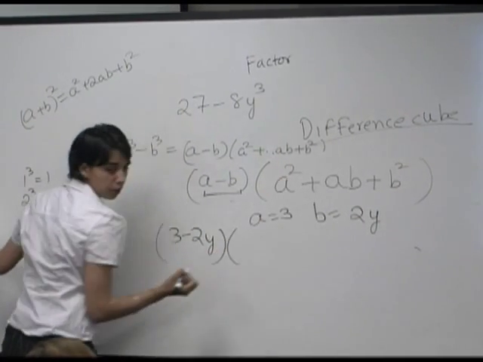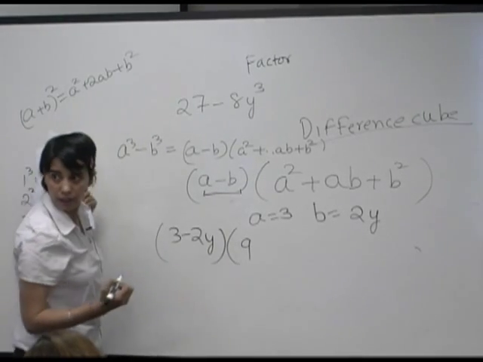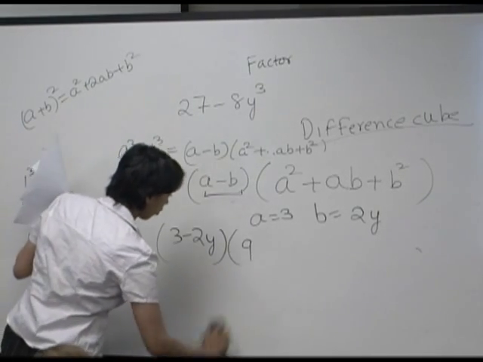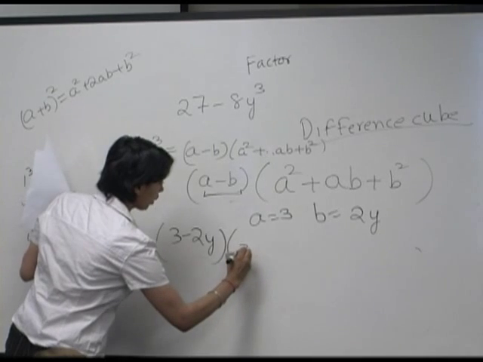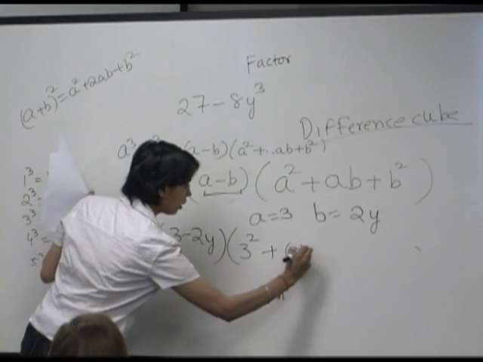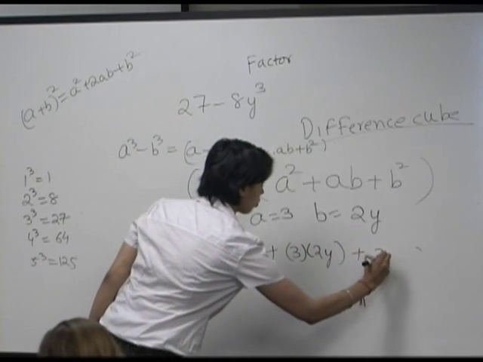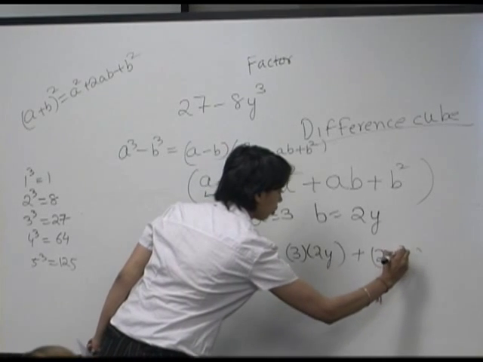And a squared becomes what? 3 squared, 9. Then ab is 3 times 2y, and b squared is 2y whole squared.